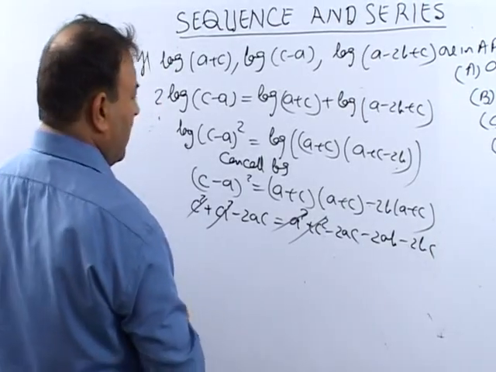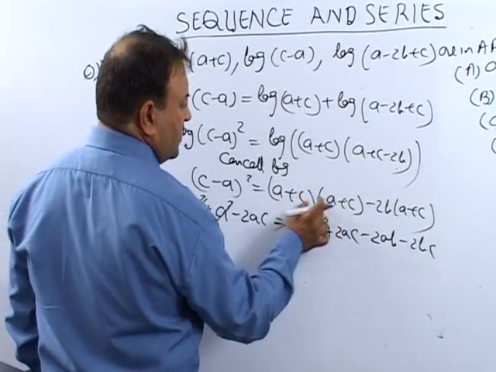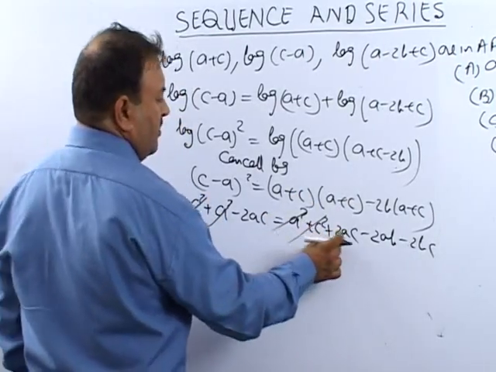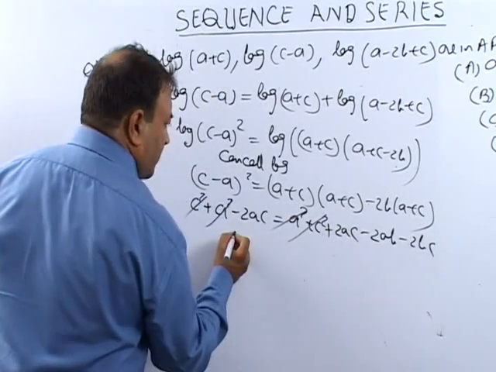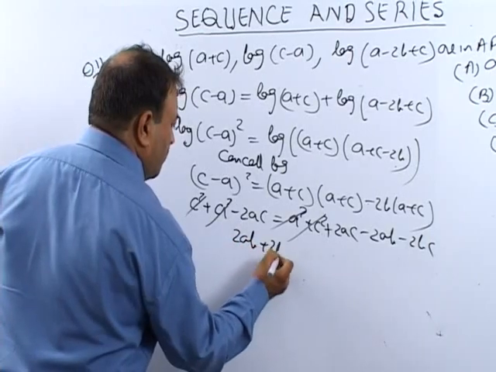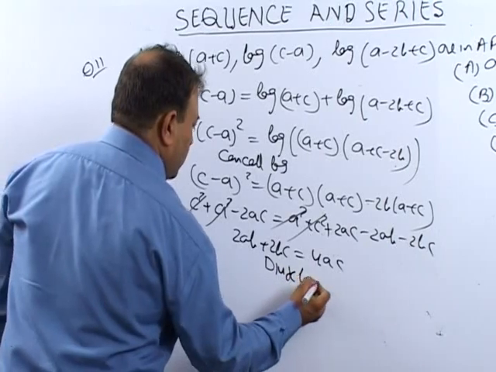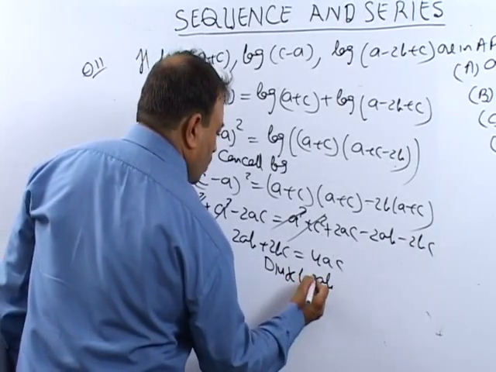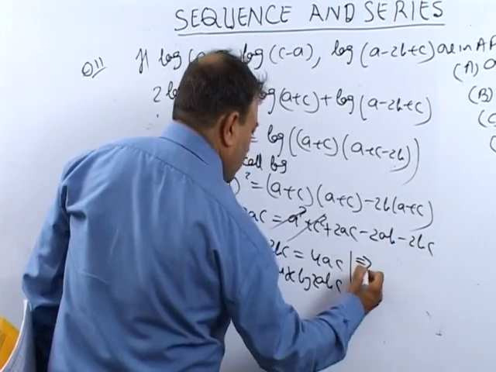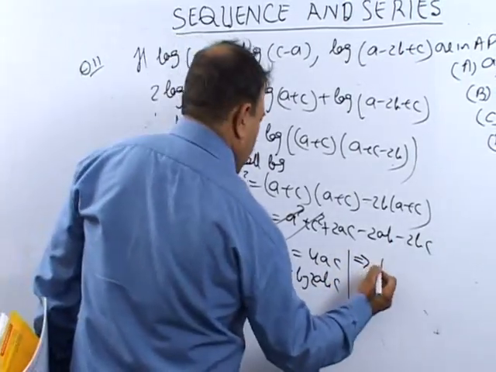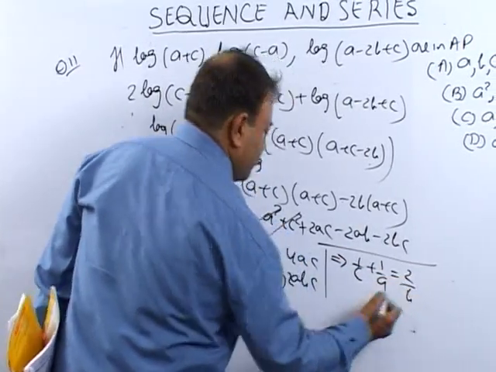Now bring the negative terms to the left hand side: 2AB plus 2BC is equal to 4AC. Now divide by 2ABC. We get 1 upon C, 1 upon A, and 2 upon B.